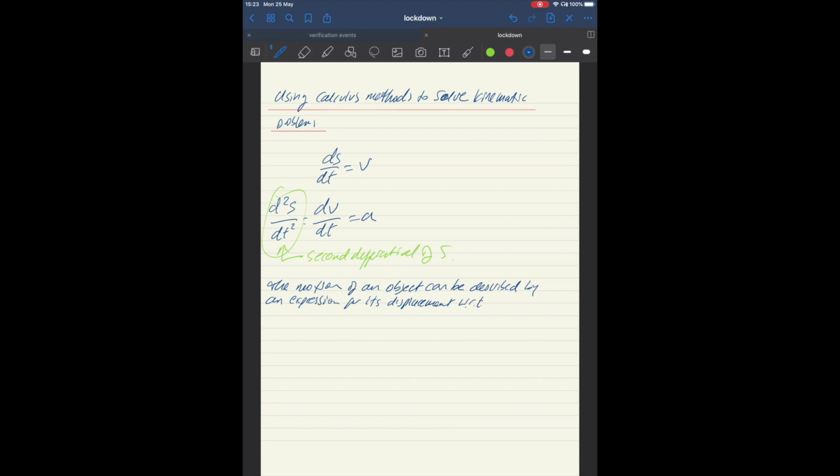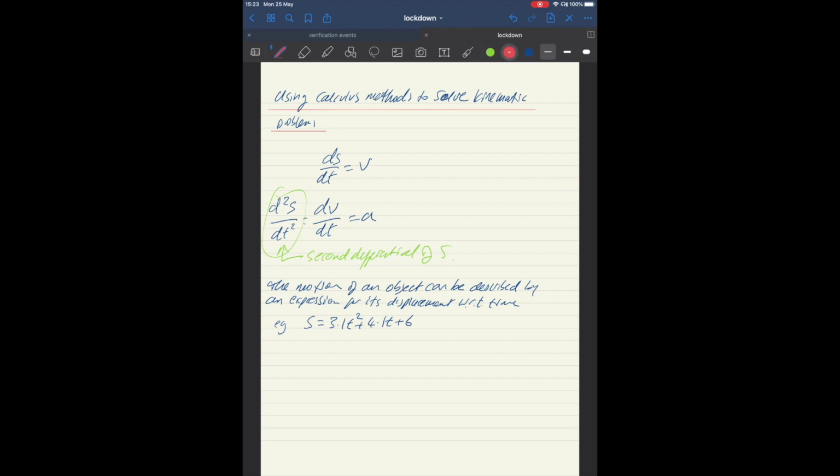Remember I said this last time. For example, s equals 3.1 t squared plus 4.1 t plus 6. You recognise that as a quadratic, and you can actually use quadratic formulas later on in this.